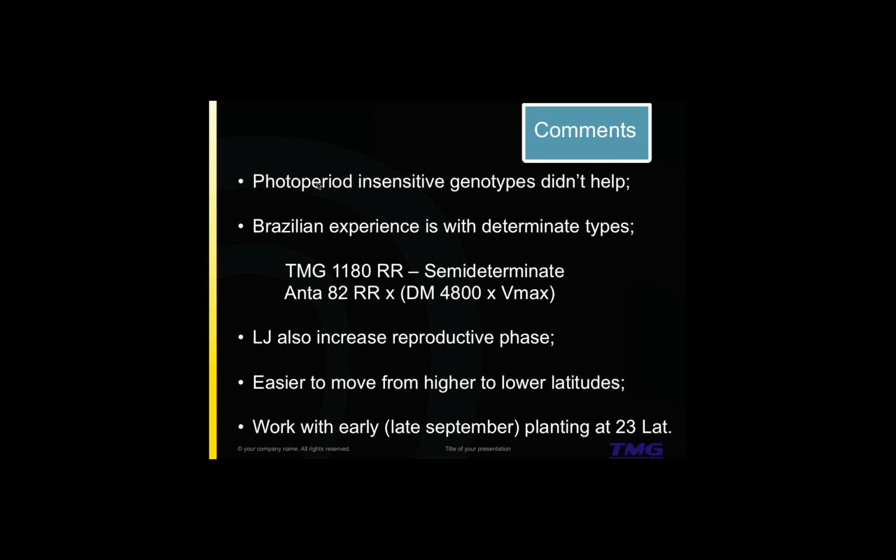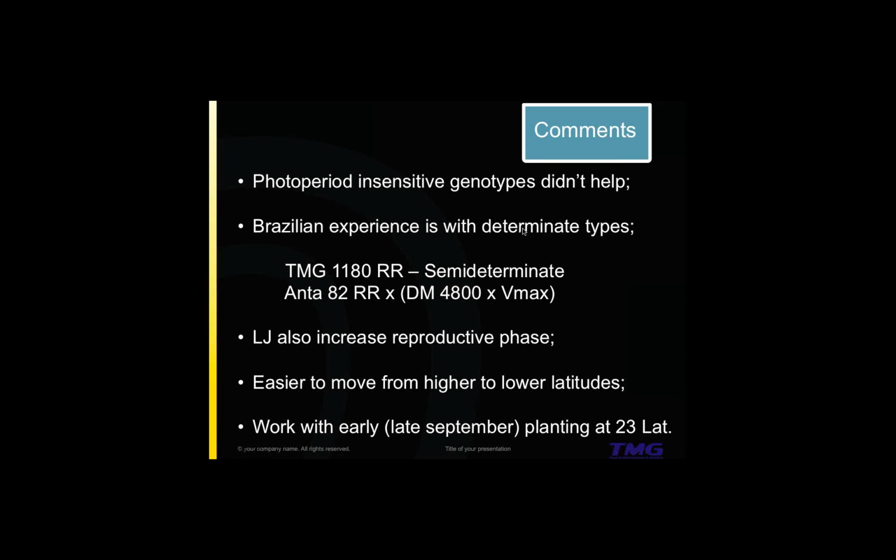Essentially what happened was that these insensitive genotypes, the maturity group was too short, so we were not able to rely on these sorts of genotypes to do this adaptation. As I mentioned, our experience is more with the determinate, but now we are using also indeterminate or semi-determinate types.